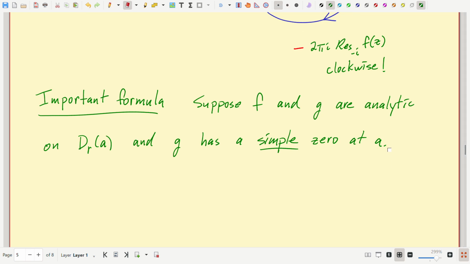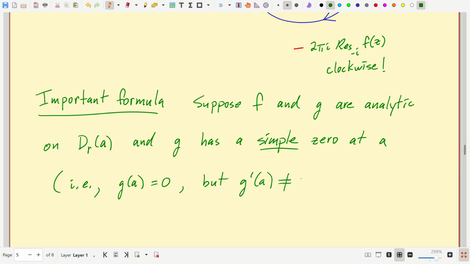Let's see, a simple zero at a means that g of a is 0, but g prime of a is not 0. That's a zero of order 1.